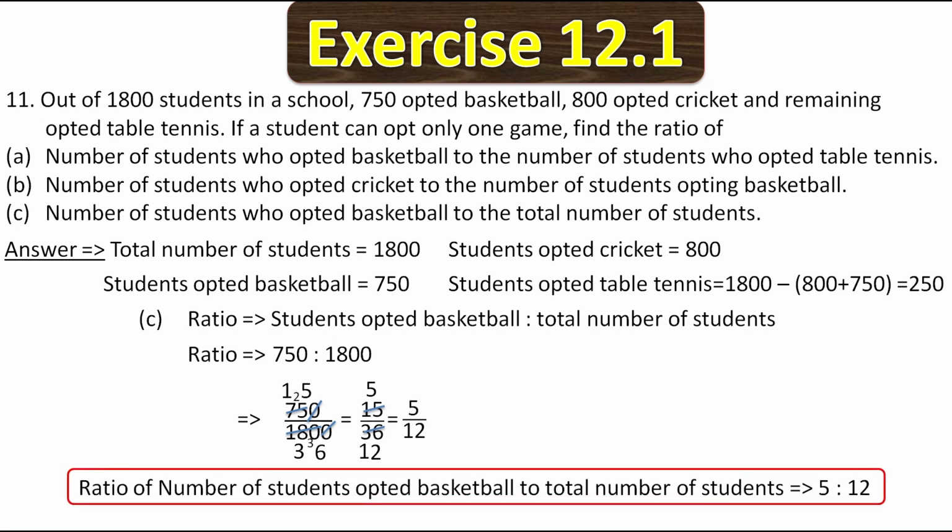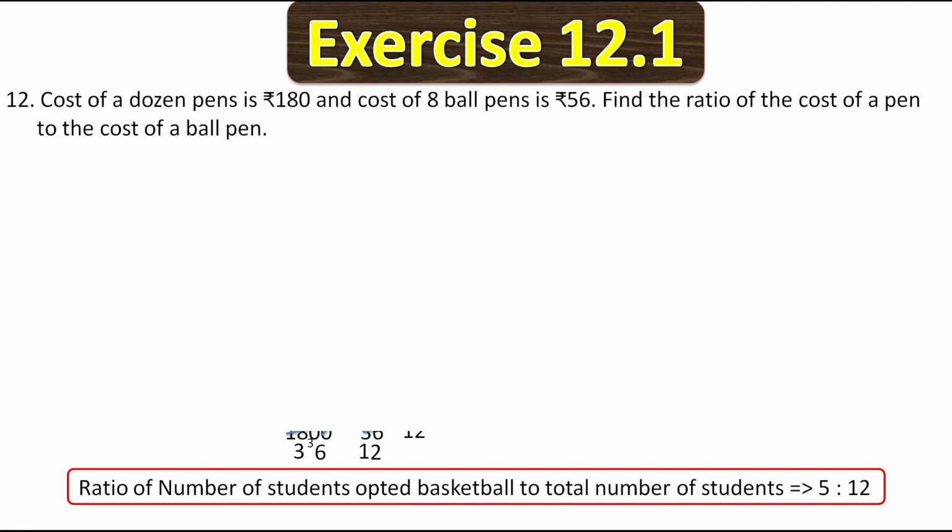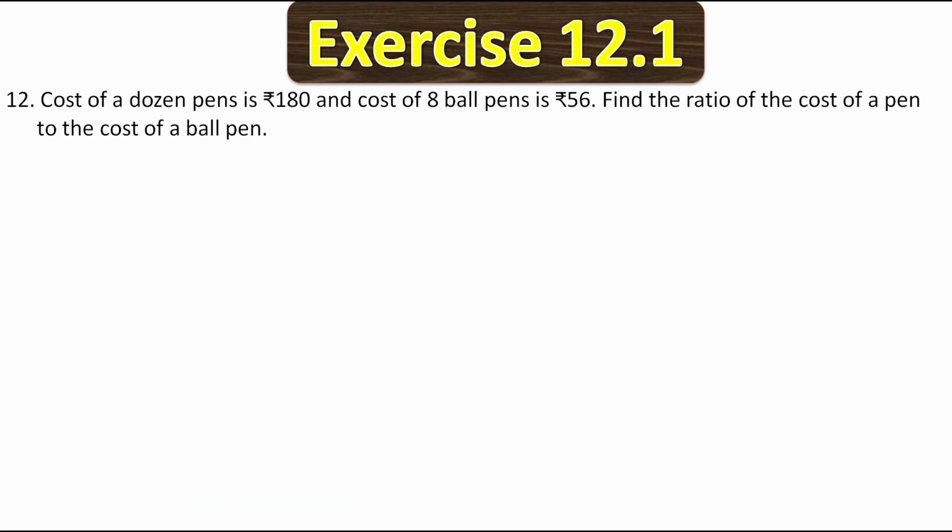Okay. Now let's move to the next question, that is the 12th one. The cost of a dozen pens is rupees 180 and the cost of 8 ball pens is rupees 56. Find the ratio of the cost of a pen to the cost of a ball pen. Okay. First of all, we will write the given things.